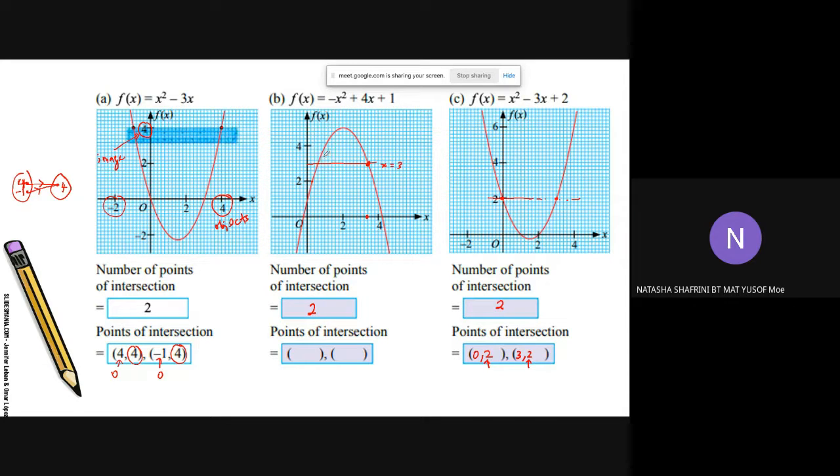Kita ada 1, 2, 3, 0.63, sini is 1, 2, 3, 4, 5, 3.4. Okay, sama juga. Dia akan map to same image. Boleh clear? Boleh faham?